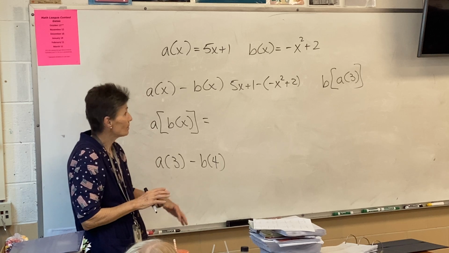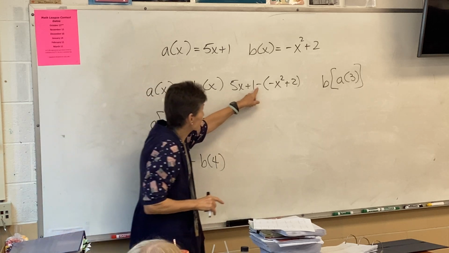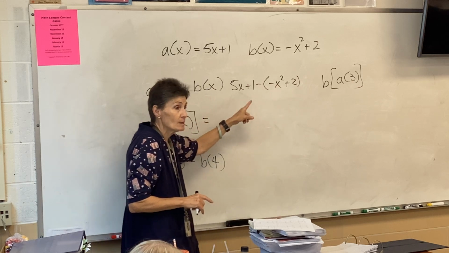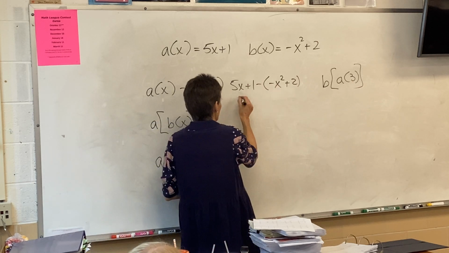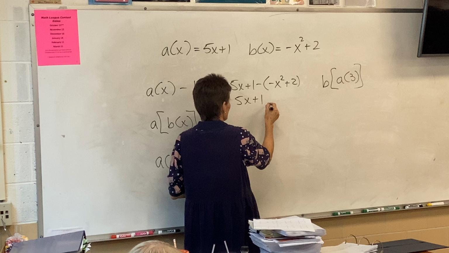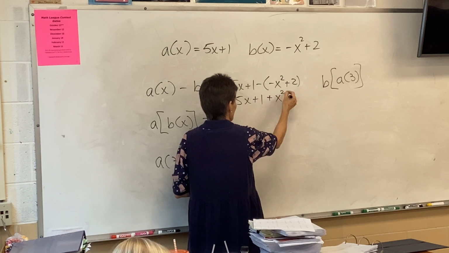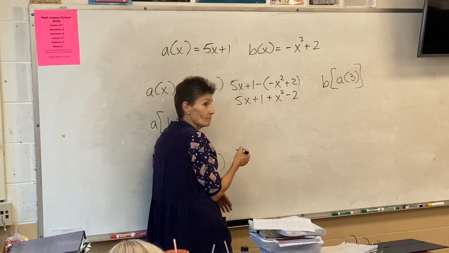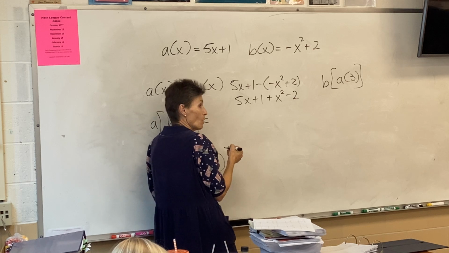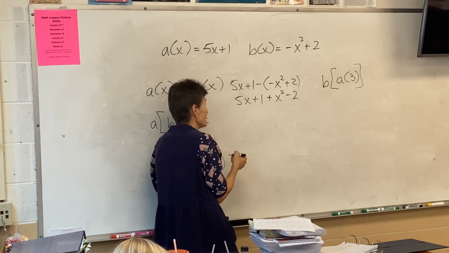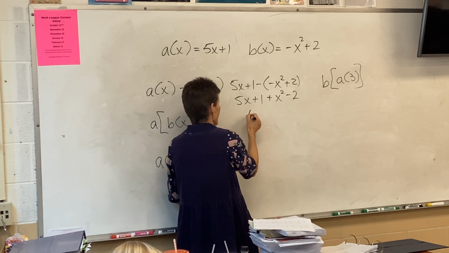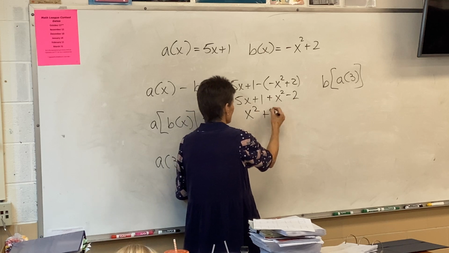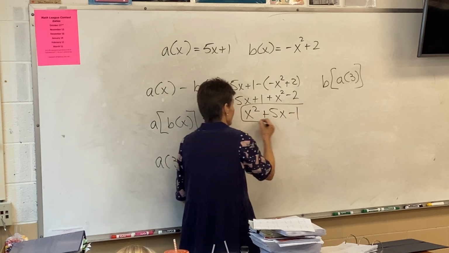Slow down. Minus that whole thing, right? So what's going to come of that? 5x plus 1 plus x squared minus 2. And because we're all good math students, we're going to put it in descending order. So x squared plus 5x minus 1.